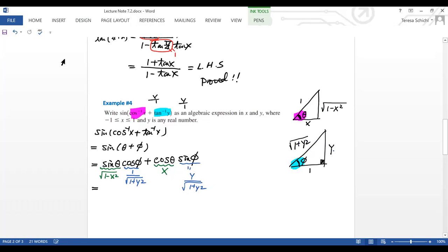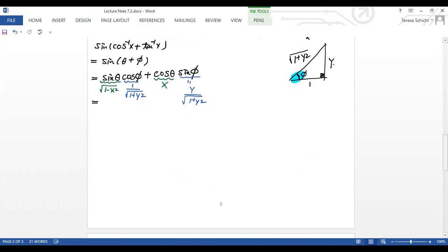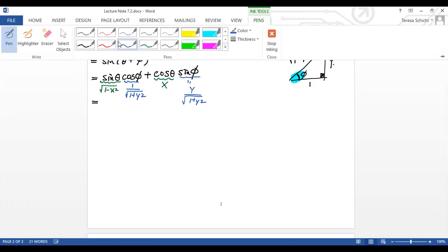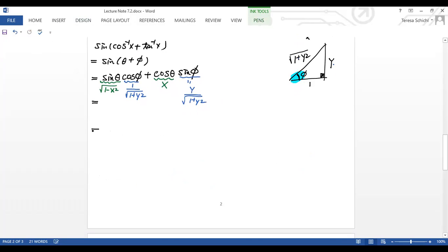You see my color coding: the green one is related to the angle theta, and the blue one is related to the angle phi. So now I can combine it. The first term will be the square root of 1 minus x squared over the square root of 1 plus y squared, plus x times y over the square root of 1 plus y squared.